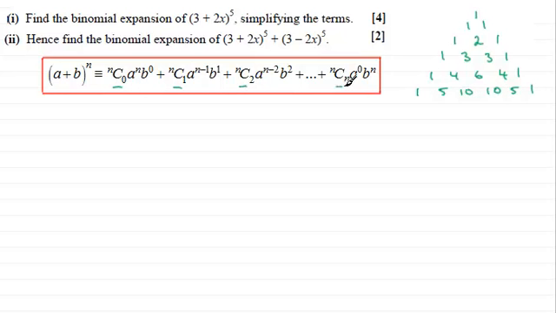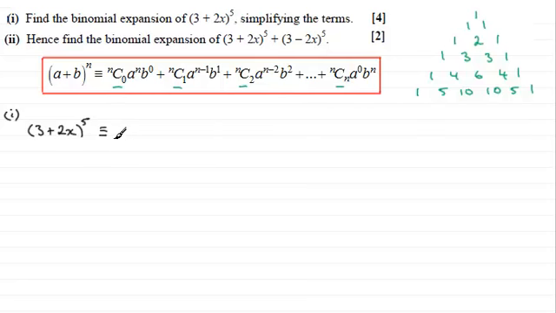Okay, so let's see how we can do this then. So for part 1, we've got (3 + 2x)^5. There's going to be quite a lot of terms here, so I doubt whether I'm going to fit them all on one line, so we might have to spread it out a bit.